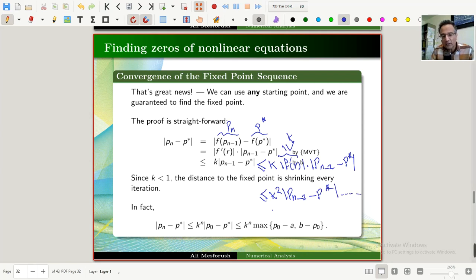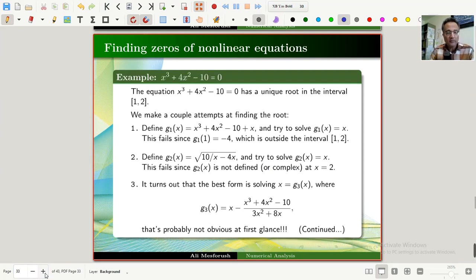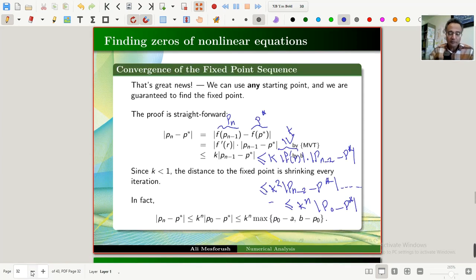And if we continue in the same way, finally we get that this is less than or equal to k^n times the absolute value of P0 minus P star. Okay, and this means that the absolute value of Pn minus P star is less than or equal to k^n times the maximum value between P0 minus a and b minus P0. So in fact, if we repeat and repeat, this goes to 0, and it means Pn goes to P star.